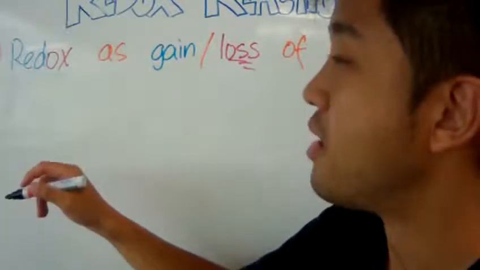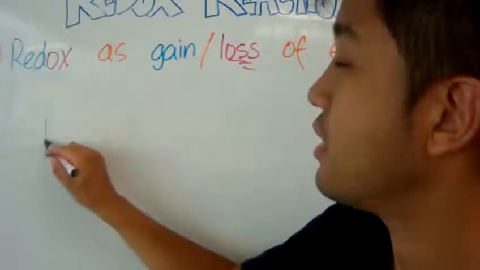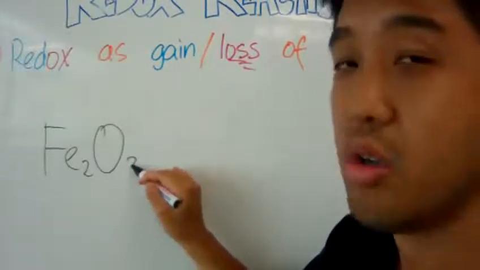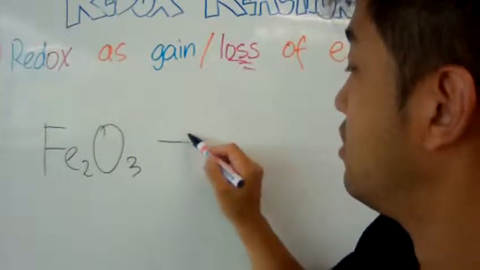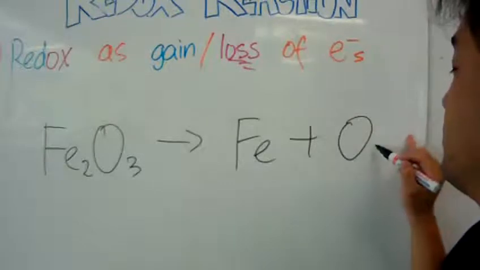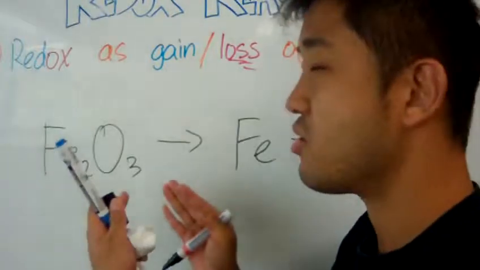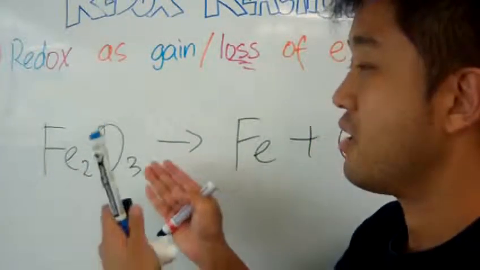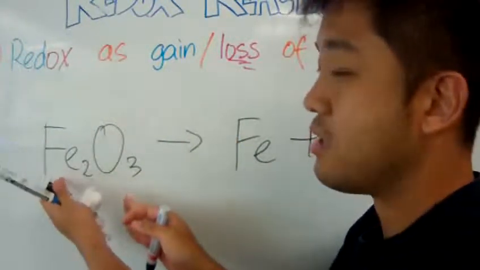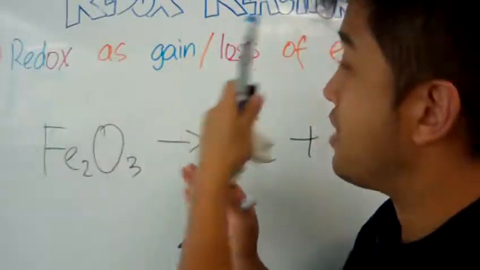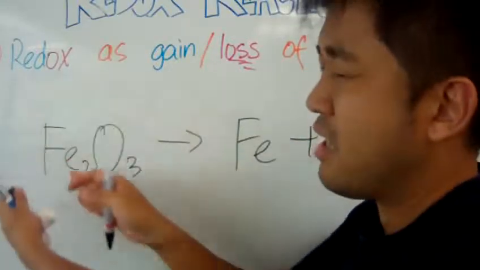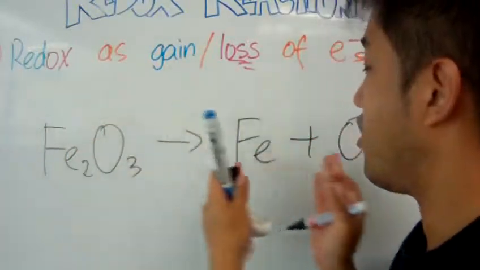So let's talk about iron, the smelting of iron ore. This is a type of iron ore. And now you can use oxidation and reduction. You can tell me what's happening to iron and oxide by using electrons to explain how electrons are behaving as this reagent forms these products.